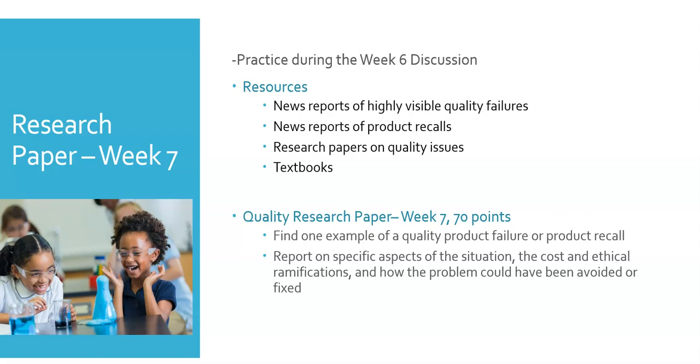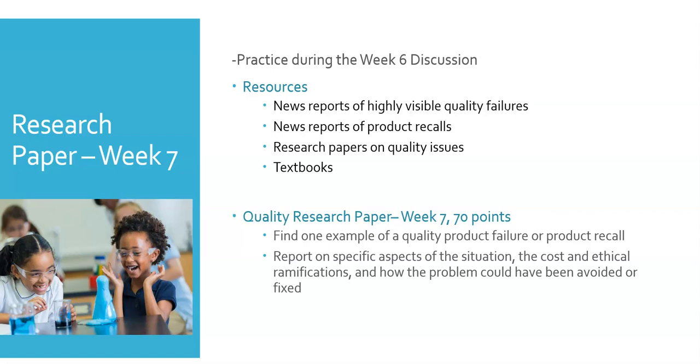Resources that you should use for your research paper include news reports of highly visible quality failures, news reports about product recalls, research papers from the St. Mary's online library about quality issues and how they should be addressed or could be addressed, and your textbooks.